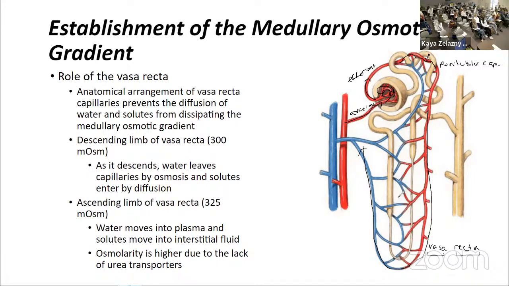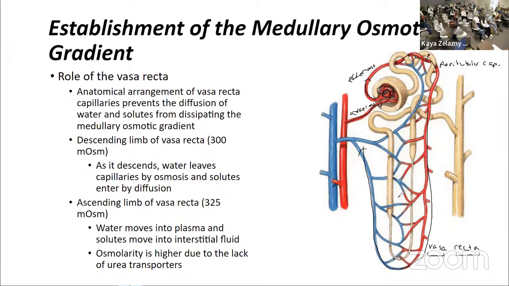Okay. So the vasa recta are just important because they're helping prevent us essentially from dissipating this gradient that we're setting up with our solute movement as we're moving through the loop of Henle and our water movement.